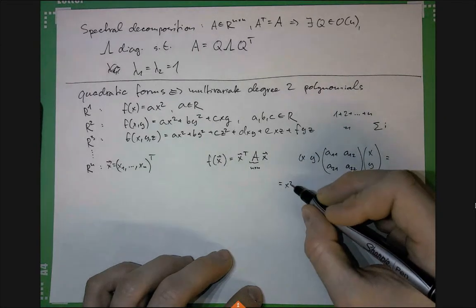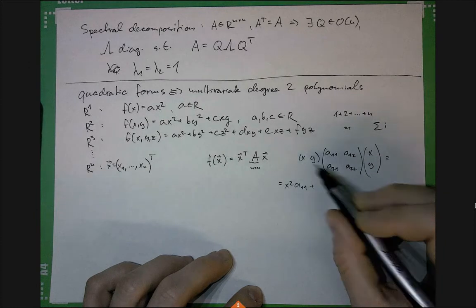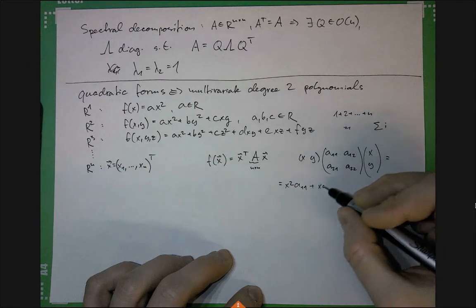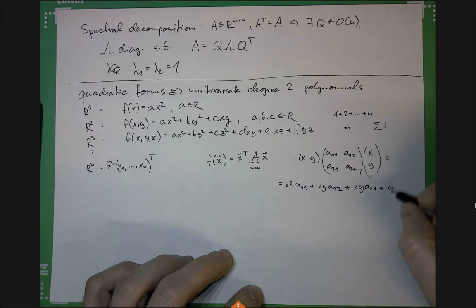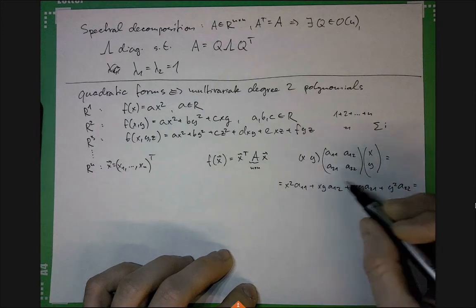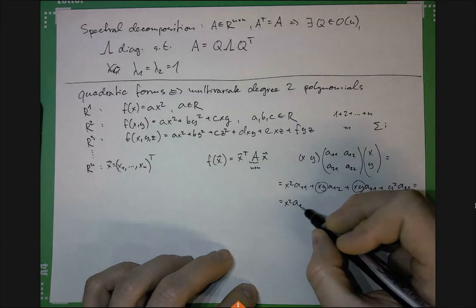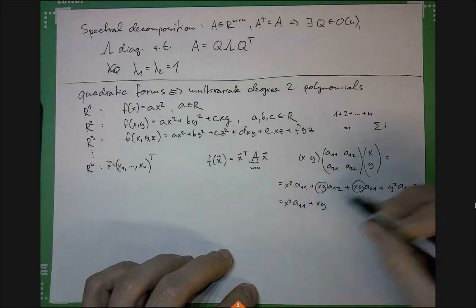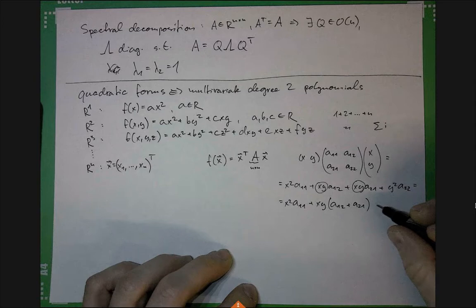This is x squared times a11 plus xy a12 plus xy a21 plus y squared a22, right? But these things are the same. So this really is just x squared a11 plus xy times (a12 plus a21) plus y squared a22.